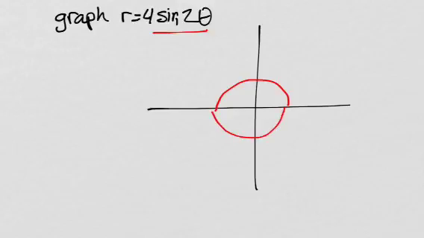We're going to plug in bigger angles than that, but we're just going to keep going around the circle. The sine of 360 is the sine of 180, is the sine of 0, and so on. So we're going to keep getting the same answers over and over again.